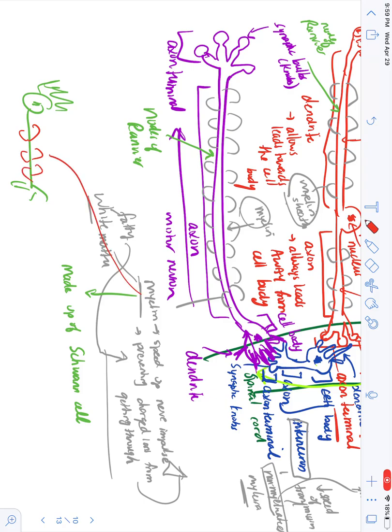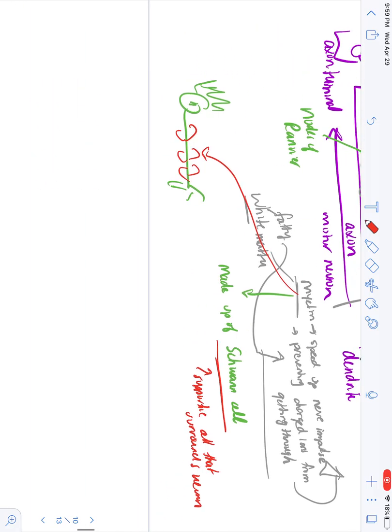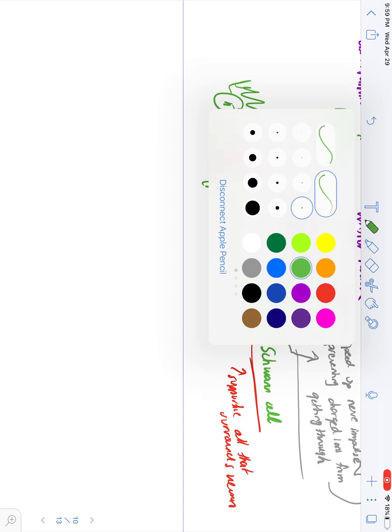And I draw it in a different color because it's actually a different type of cell. It's not actually a part of the neuron. It's a cell that supports the neuron. So the Schwann cell is a supportive cell that surrounds the neuron, and it makes up the myelin.